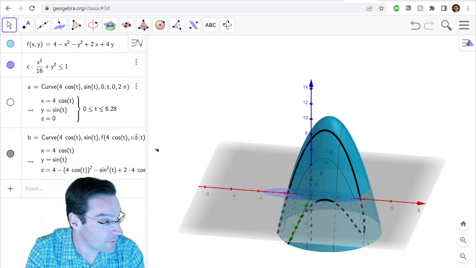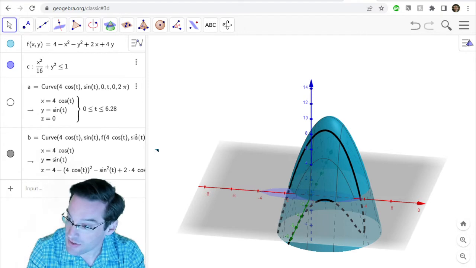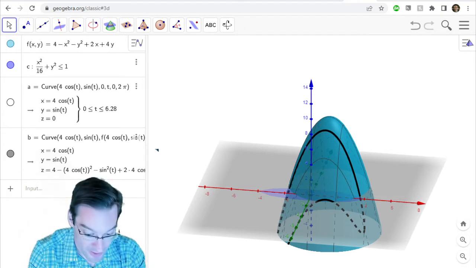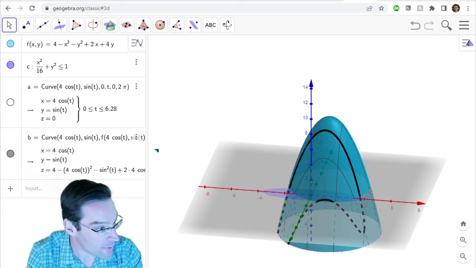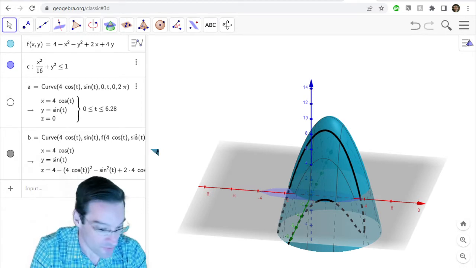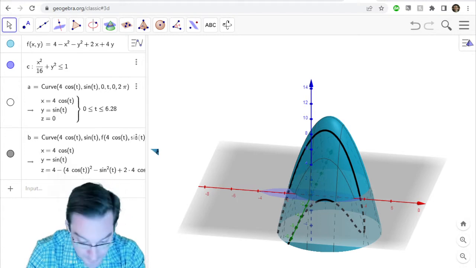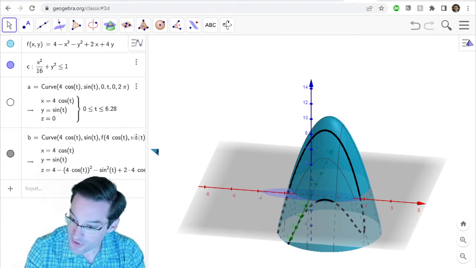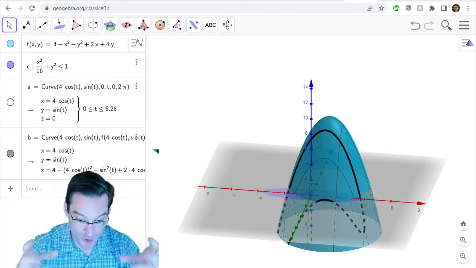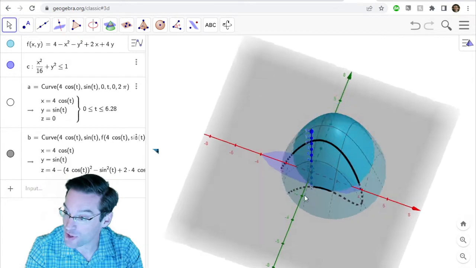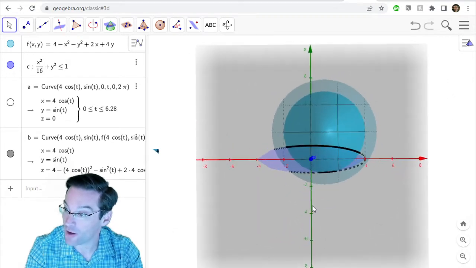I'm going to go over to my other place to type over here. So if I want to find the max and min of a function along the boundary of a compact closed bounded region, then the first thing I probably am going to do is come up with some way of describing just the boundary of my region, just those x and y values which are a part of the boundary, right?